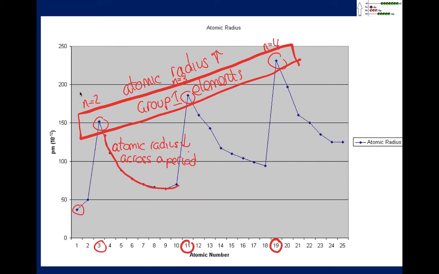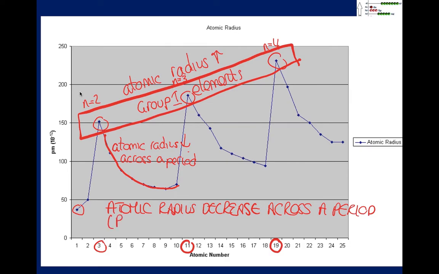You might like to annotate your equivalent graph, and the blurb we want is that it's showing that atomic radius decreases across a period, which is your peak to trough.